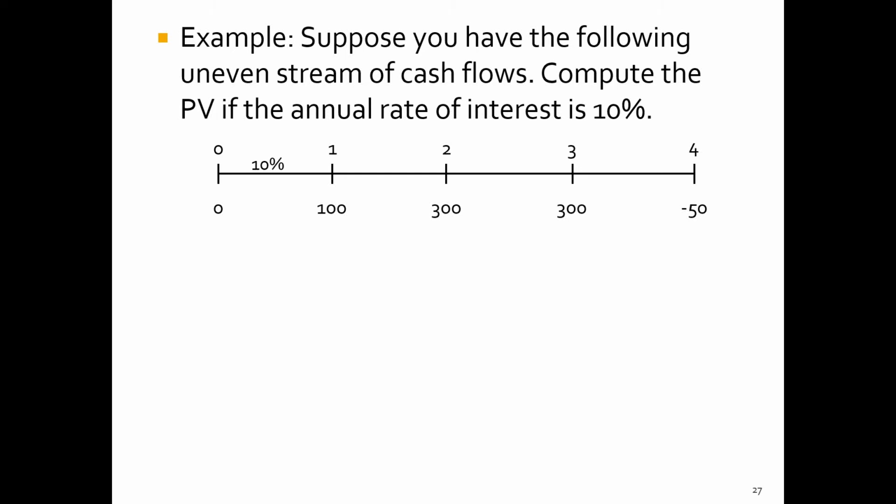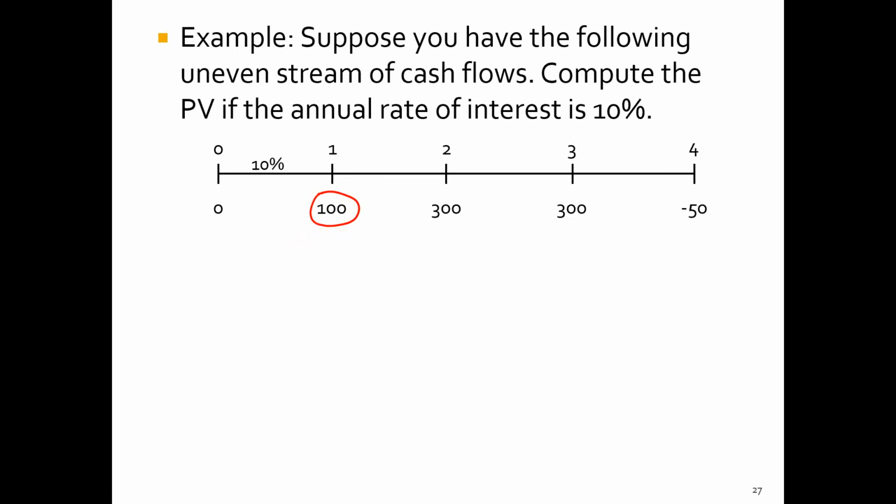So if we're going to do this sort of calculation without our financial calculators, what we're going to have to do is look at each individual cash flow and do something to push it to the very beginning part of our timeline. So at time 0, our cash flow is 0, and that's already at the beginning of our timeline. So we'll move to time 1, where the cash flow is 100.